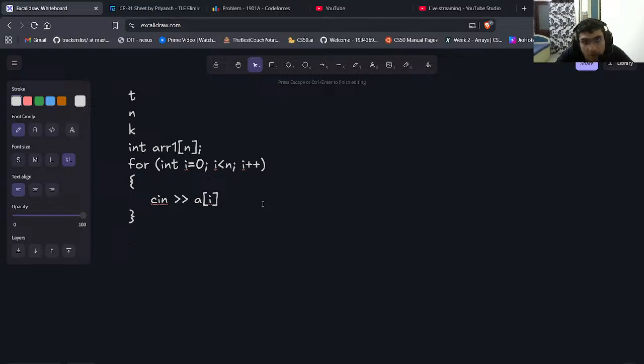So here we have inputted it, and now we will be calculating the distance. So how do we calculate the distance? First, we have to do 0 minus, we have to do a i minus 0, and then a i plus 1 minus a i, then minus that.